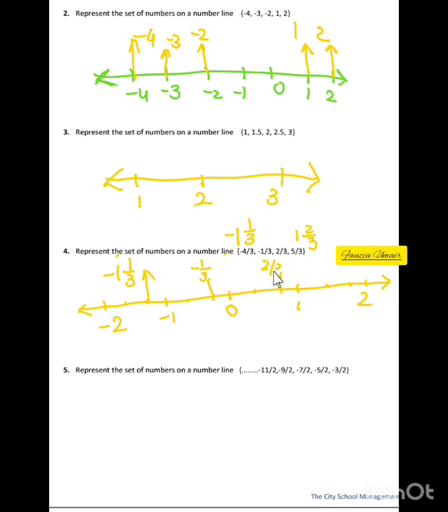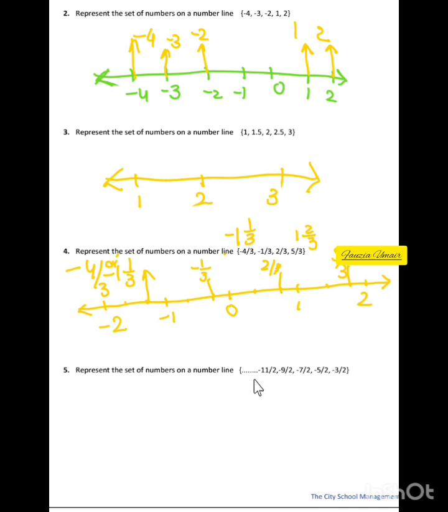And 5 by 3 is 1 whole 2 by 3. So 5 by 3 is here, close to 2. This was basically minus 4 by 3. Okay, so now you can draw all these fractions precisely on the number line.